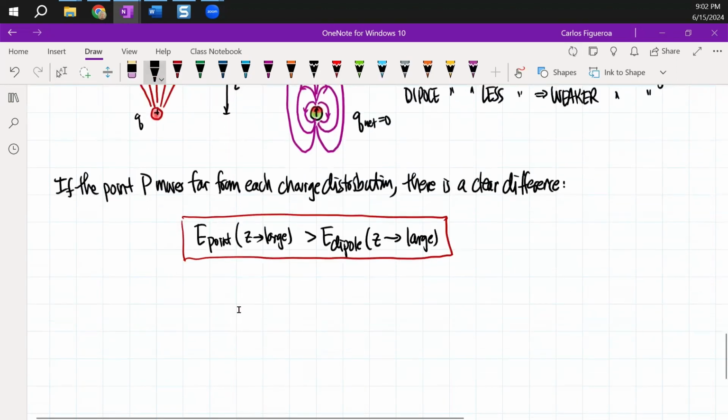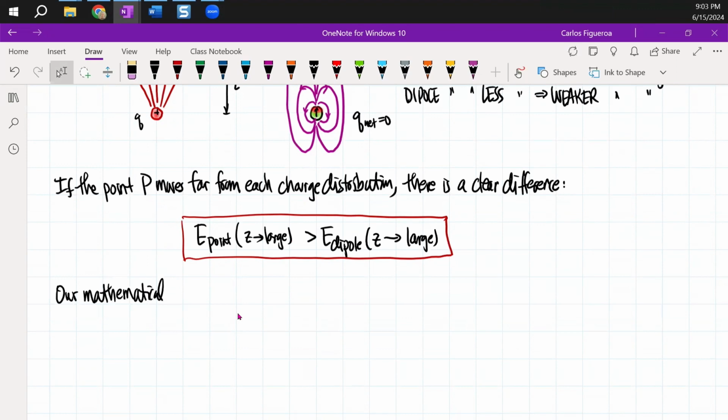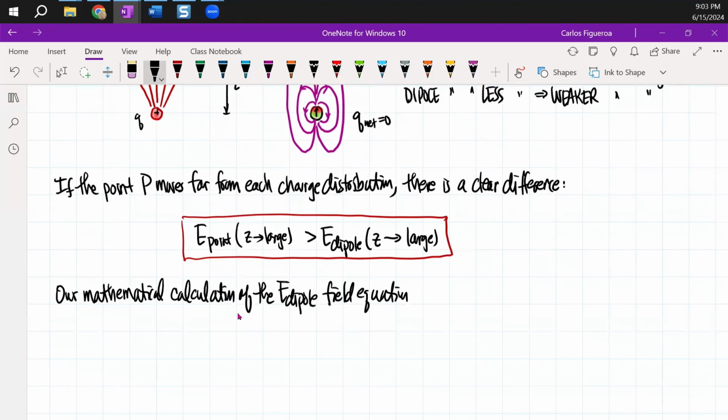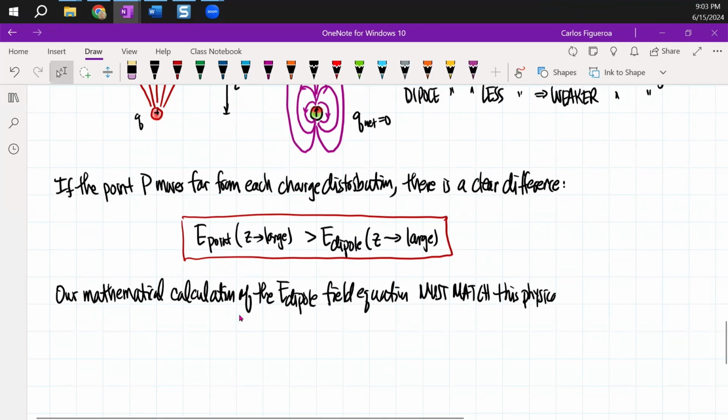So as we go to calculate this, our mathematical calculation of the E dipole field equation must match this physical, intuitive observation or assessment.